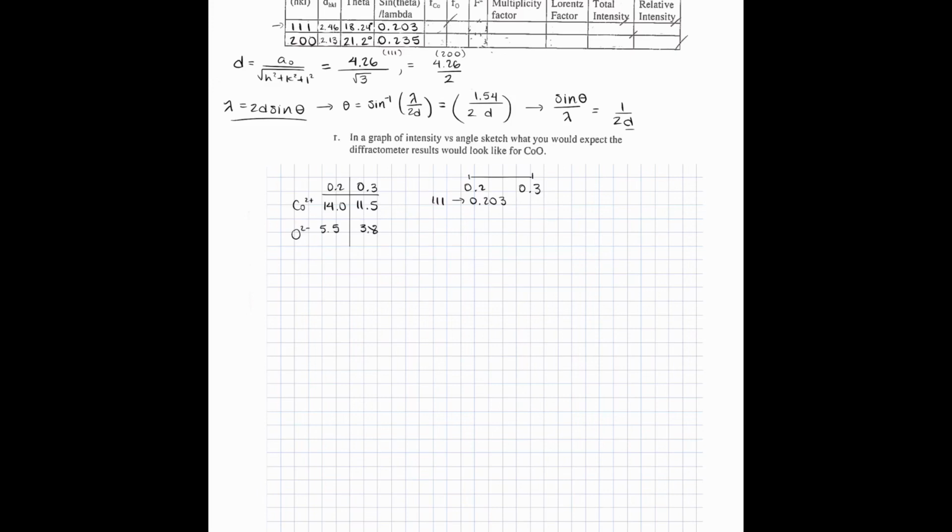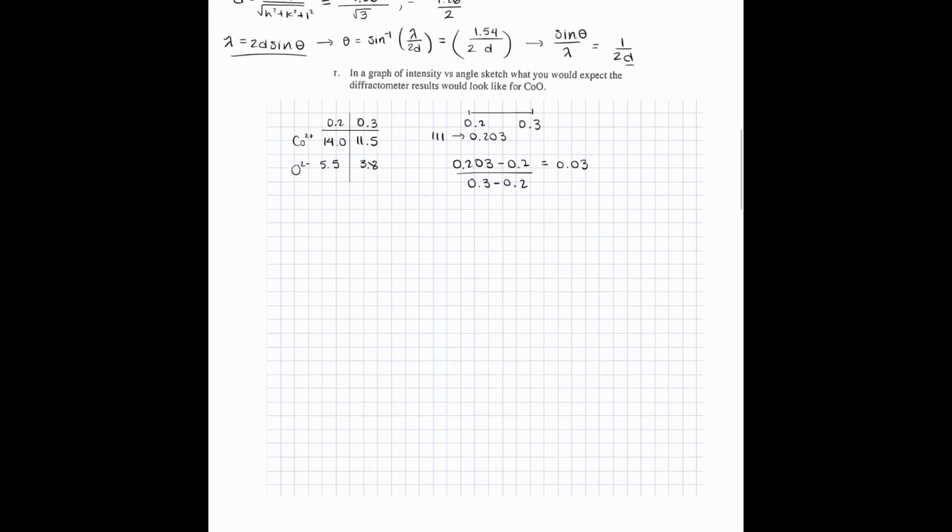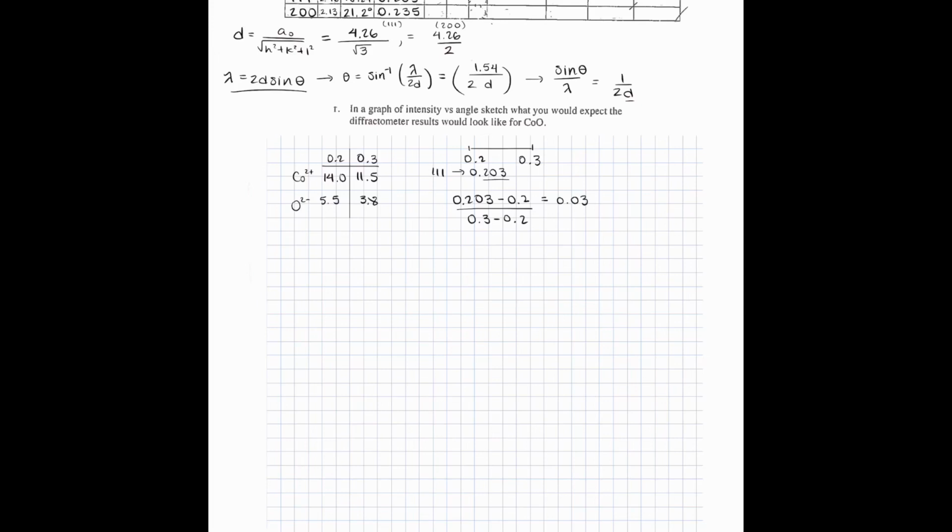So how you do that is 0.203 minus 0.2 over 0.3 minus 0.2 is equal to 0.03. So proportionally, 0.203 is 3% away from 0.2.